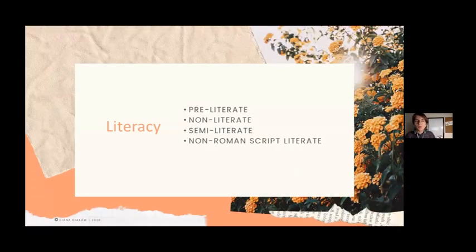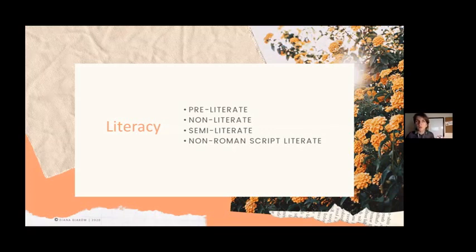When it comes to literacy, that is just basically a compilation of skills that allow us to read and write. Some people argue that also speaking is included in that package. However, we are gonna be using the term literacy in terms of reading and writing only throughout this presentation.